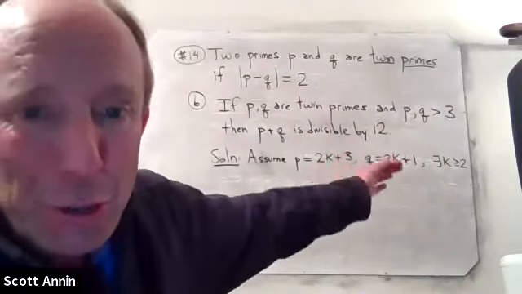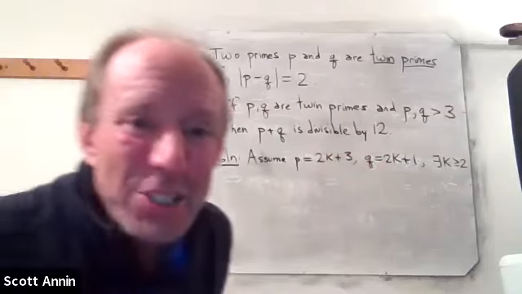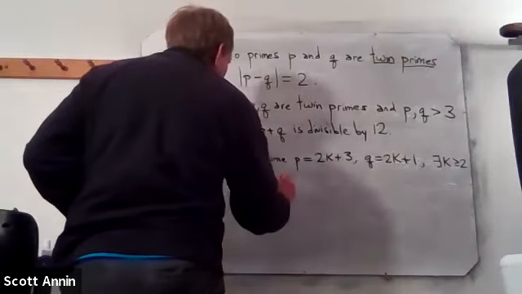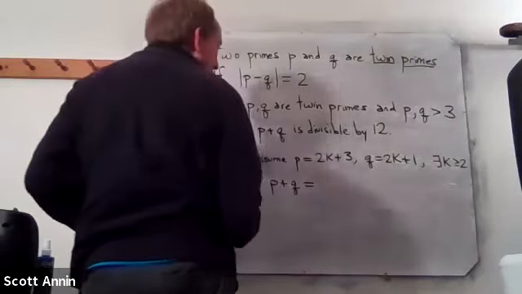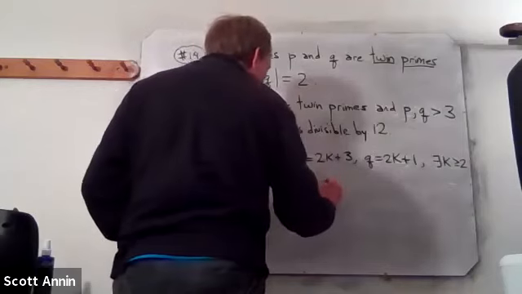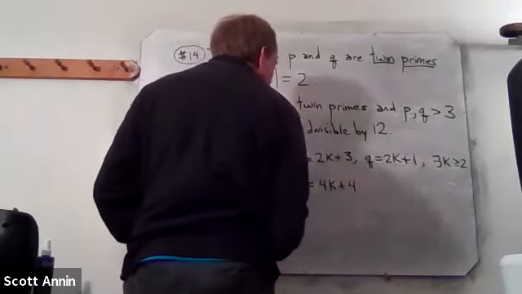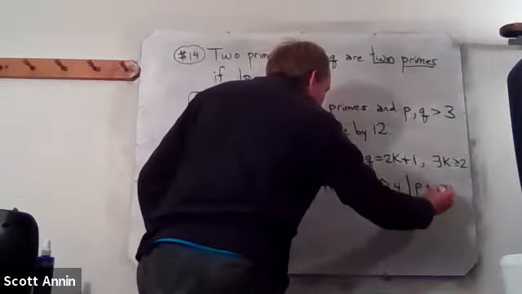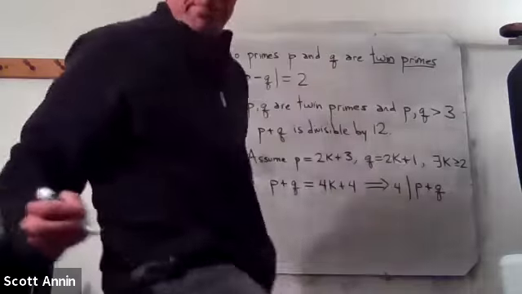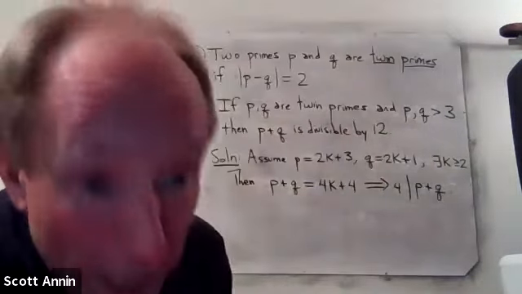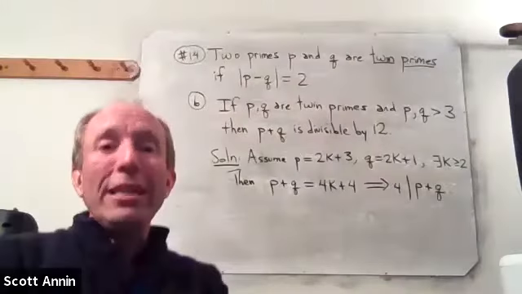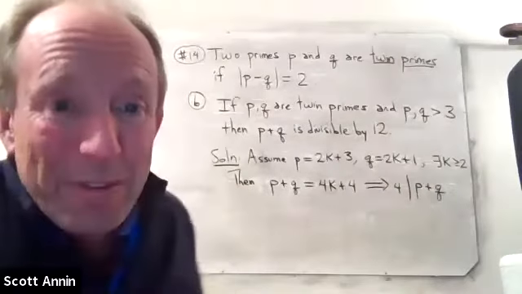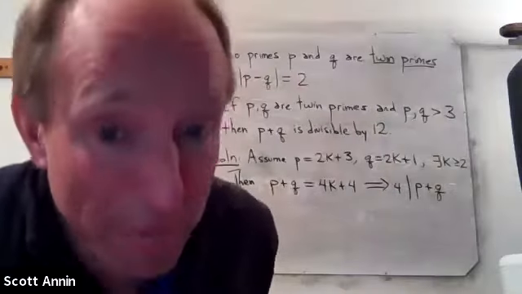So we can write out our two odd numbers, right? And let's just add them up. So P plus Q is 2k plus 3 plus 2k plus 1, which is actually 4k plus 4, right? And that is obviously a multiple of 4 right away. So P plus Q becomes a multiple of 4, which is one of the things we needed to show. We need to show divisibility by both 3 and 4. And I can see from this that P plus Q is divisible by 4.